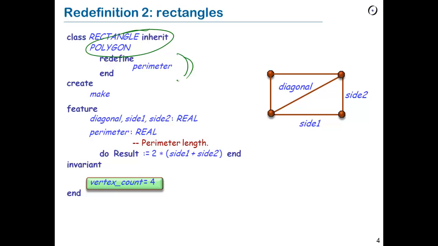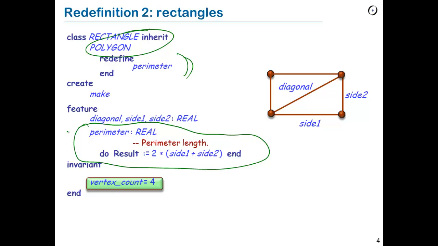So far, when a class was inheriting from another class, it was inheriting everything, all the features. Now we're still inheriting all the features, but we don't have to take them exactly as they are. We can adapt some of them to our own purposes. Why do we do this here? Well, you see it a little further below. We have a better way, a smarter way, a more efficient way of computing the perimeter if we know that instead of a general polygon, we have a rectangle.